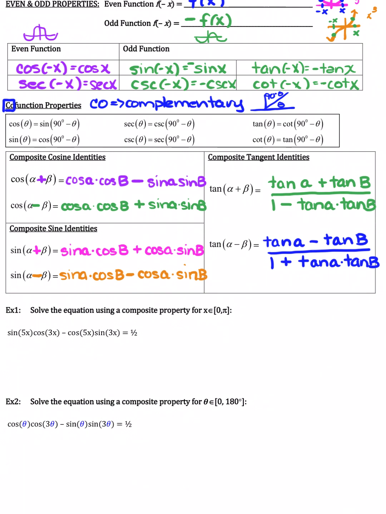You don't want both sine and cosine. So this is like my A and my B. You notice A is 5x, B is 3x. I see the sine and the cosine interspersed, and there's a negative here.